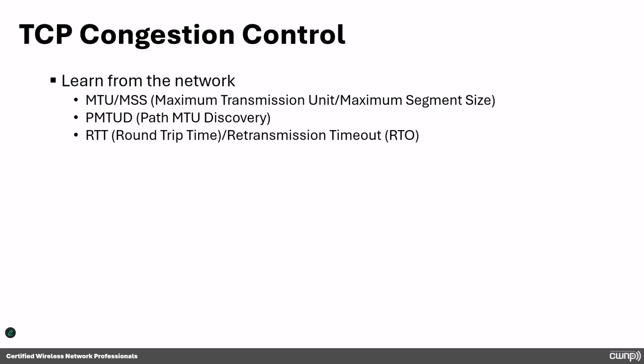And so the delays include processing delay. So that's the amount of time it takes to make a decision and take an action. It includes the transmission delay. That's how long it takes once it decides to transmit to actually get those bits out the NIC. Then there's the propagation delay.